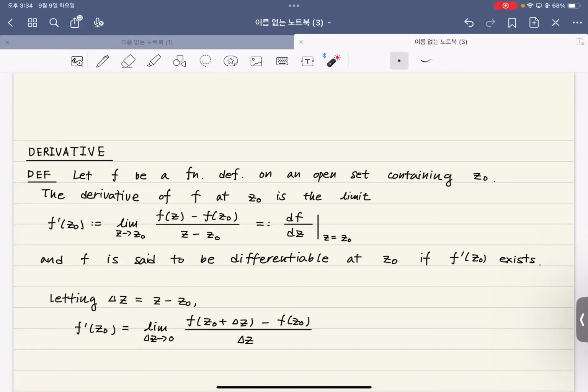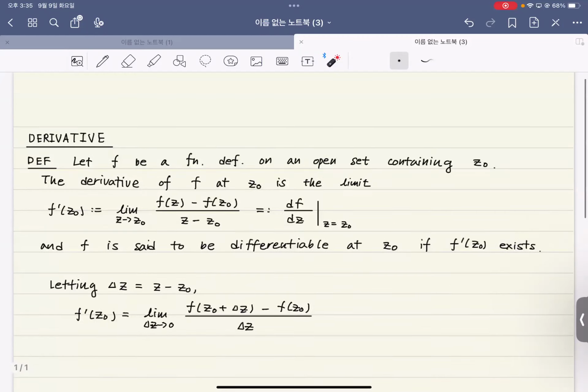That means a complex valued function should be considered as a function from two-dimensional Euclidean space to two-dimensional Euclidean space. And there are some functions which are differentiable in the real sense, but at the same time not differentiable in the complex sense. You're going to see the difference between these two in today's lecture.